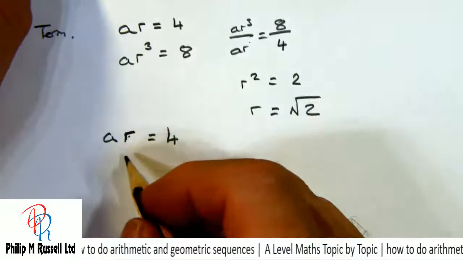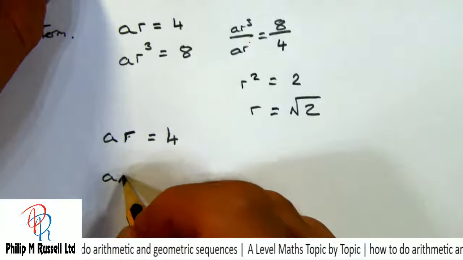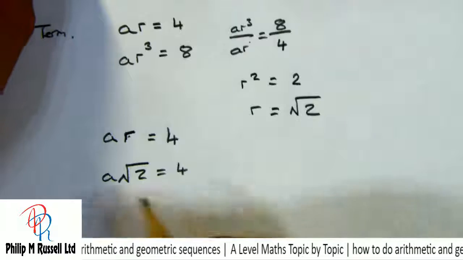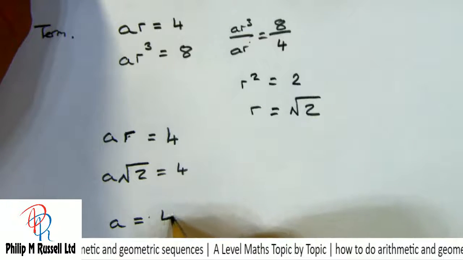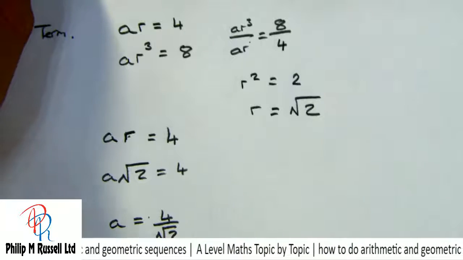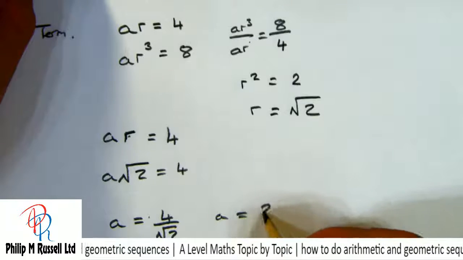So we can say that r is the square root of 2, a root 2 equals 4. So we can work out simply that a is going to be 4 over root 2. So a is going to equal 2 root 2.